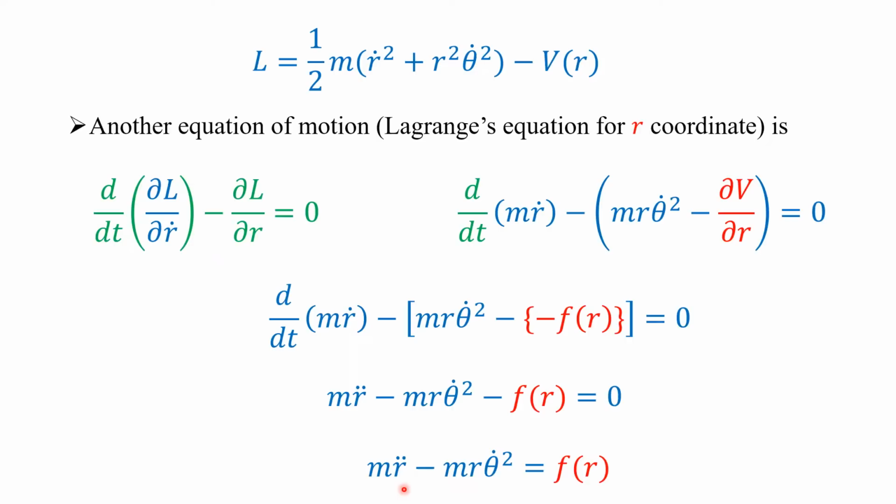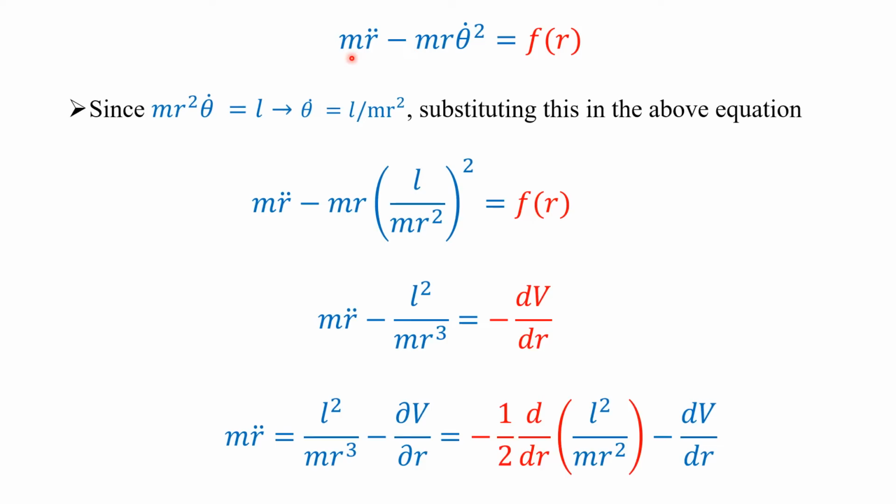Or m r double dot minus m r theta dot squared is equal to f of r. Already we have seen in the first integral of motion that m r squared theta dot is equal to L, which implies theta dot is equal to L divided by m r squared.